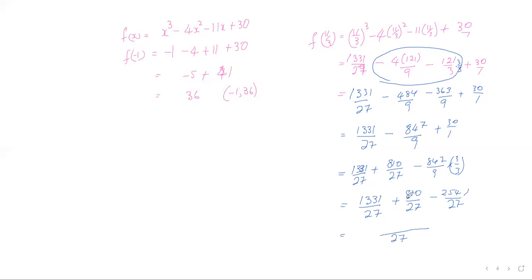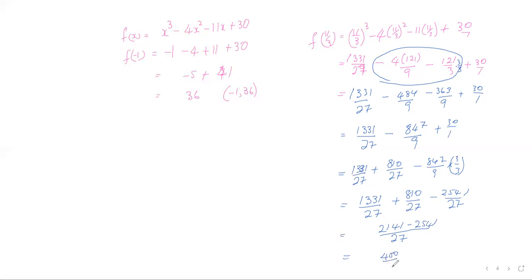And we add this up, we will have 1,331 plus 810. That is 2141 minus 2541.